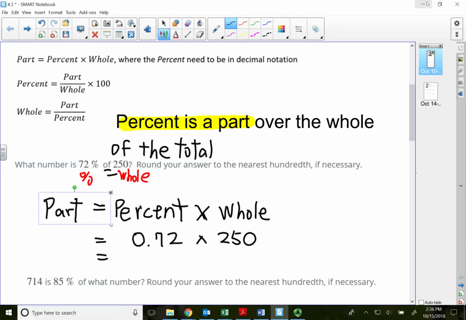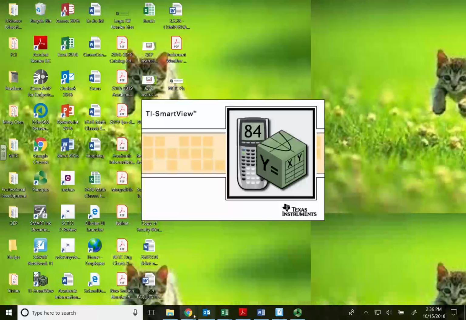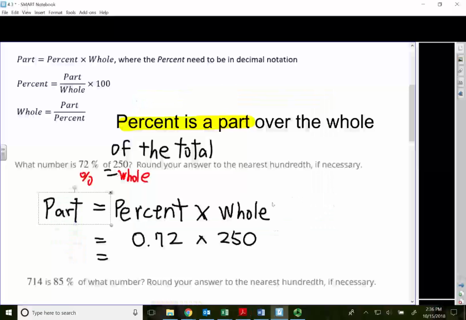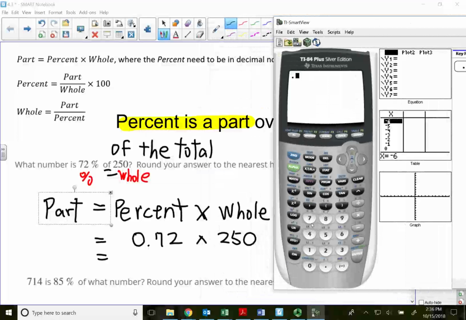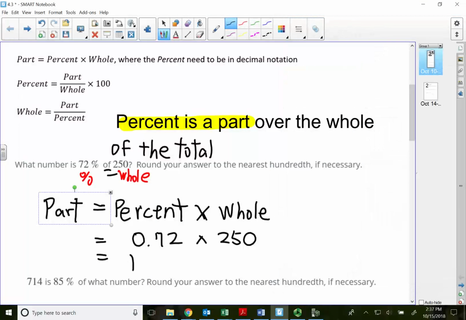So 0.72 times 250, my part is going to be 180. That makes sense: whenever I have less than 100%, my part has to be less than my whole.